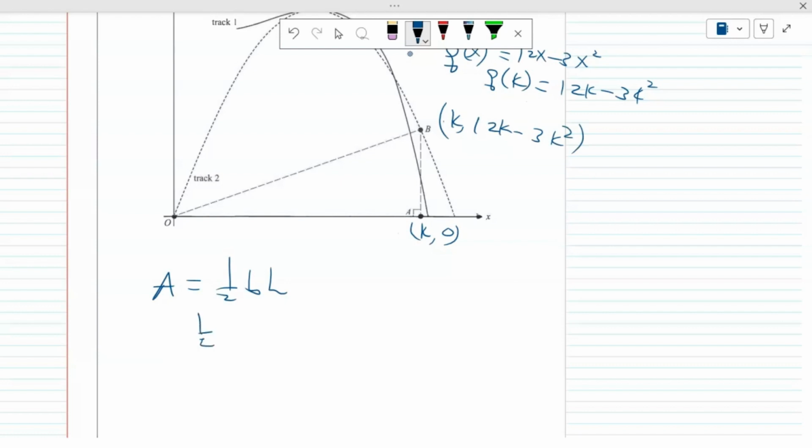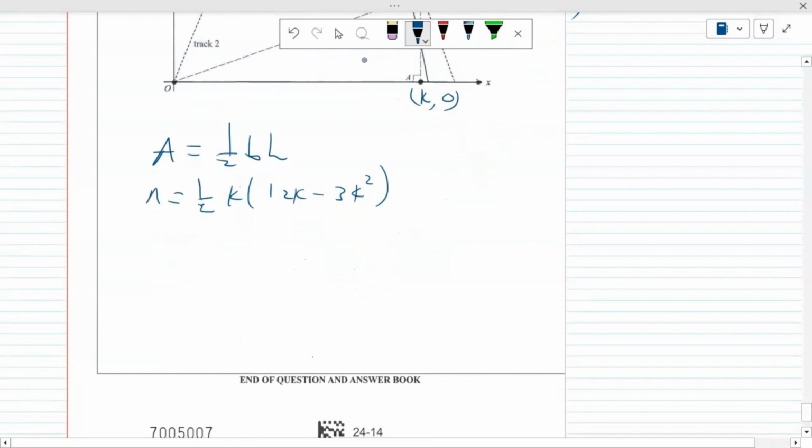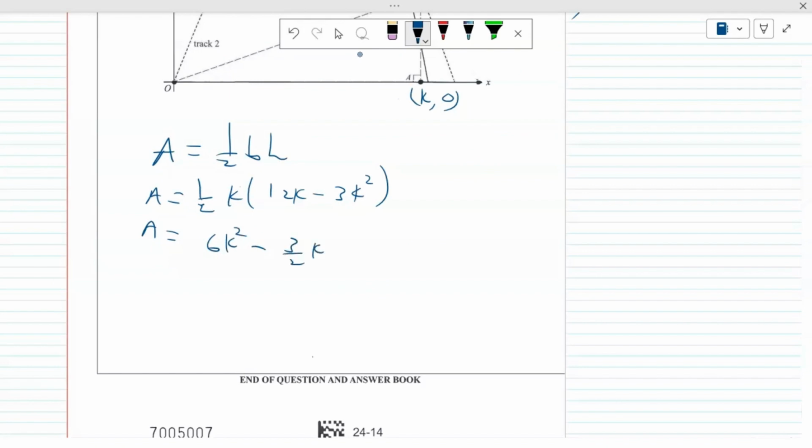So that's going to be a half k times 12k minus 3k squared. So that gives me 6k squared minus 3 over 2 k cubed. So now dA over dk equals 12k minus 9 over 2 k squared.